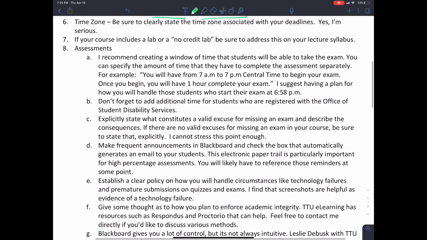So number 6 here, you wouldn't think that it would need to be addressed, but it actually does, and it's an important one. So make sure that your students know that the deadlines for your assessments, quizzes, assignments, whatever, are going to be due at a specific time in a specific time zone. Obviously, I recommend that you use the time zone where Lubbock, Texas is, which is Central Time USA.